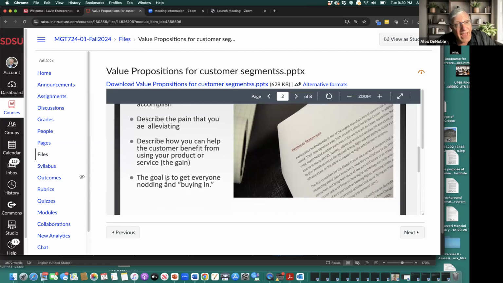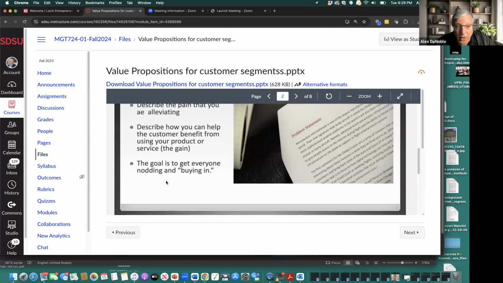And if you can do that, that's going to give you deep insights into how to design products and services to address those pains so that ultimately you can describe a way how you can help your customer benefit by using your product or service. That's the game.